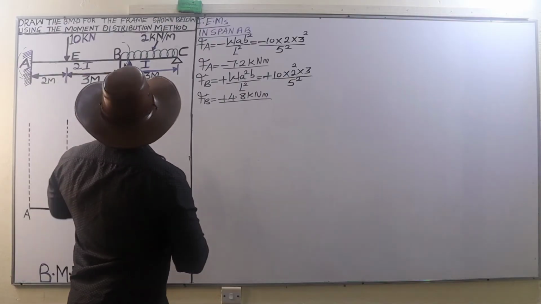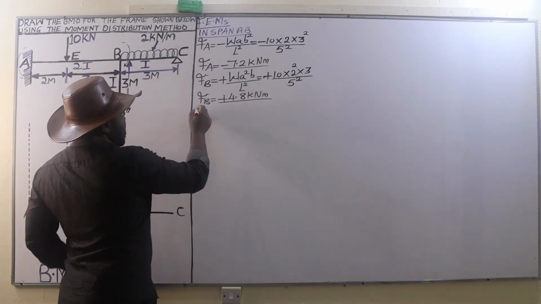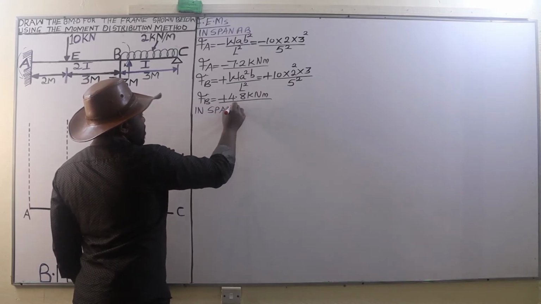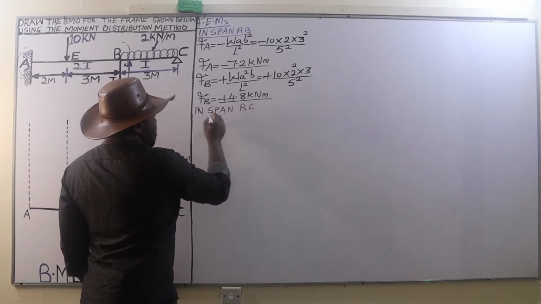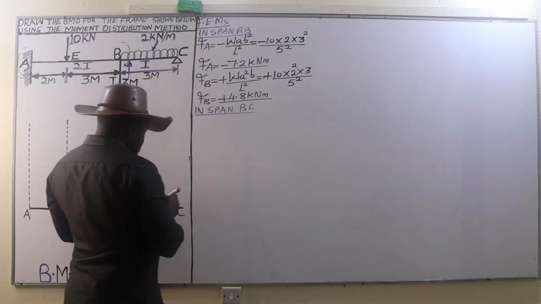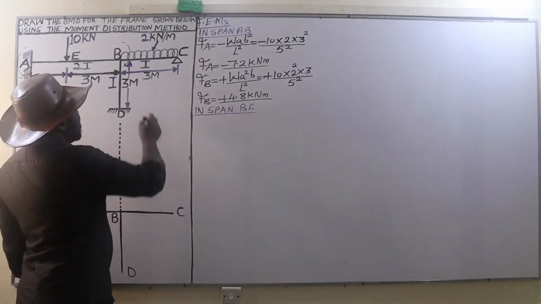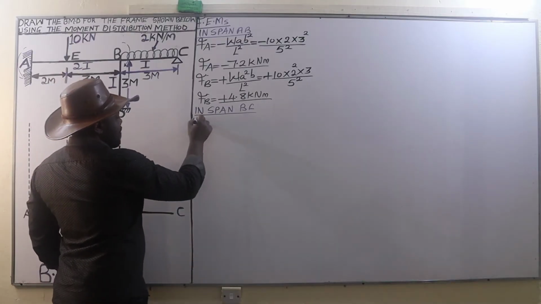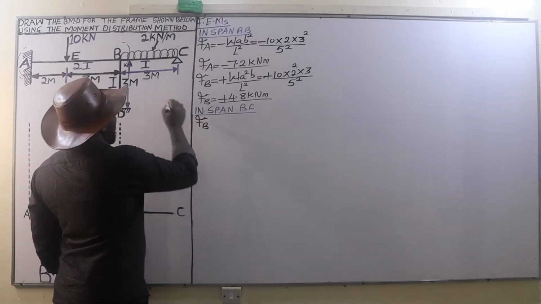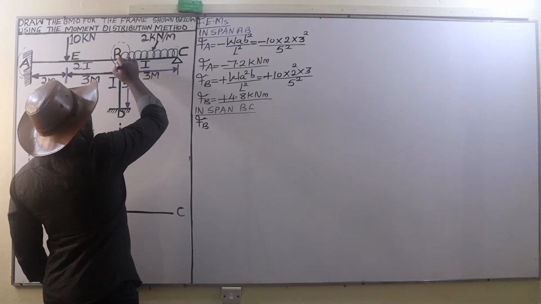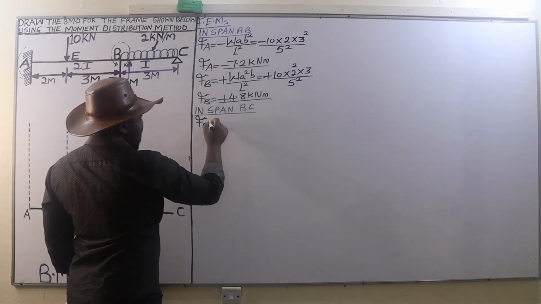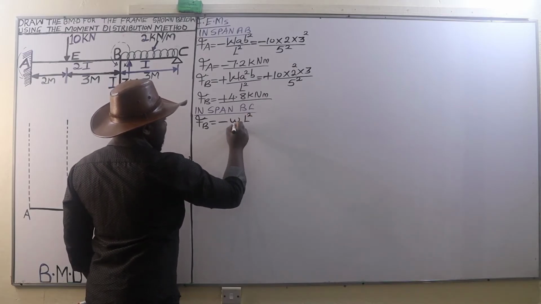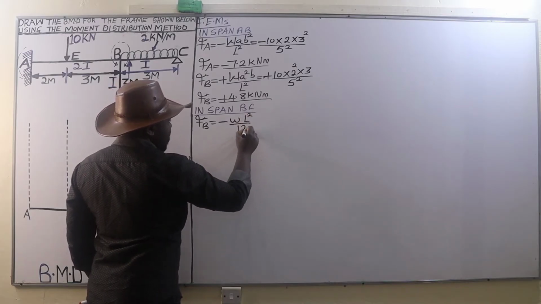Then we go to the span BC. So in span BC, the fixed end moment at B, the span BC is loaded with a UDL of 2 kilonewtons per meter. Therefore, the fixed end moment at B is going to be an anti-clockwise moment, and it will be given by negative W L squared divided by 12.